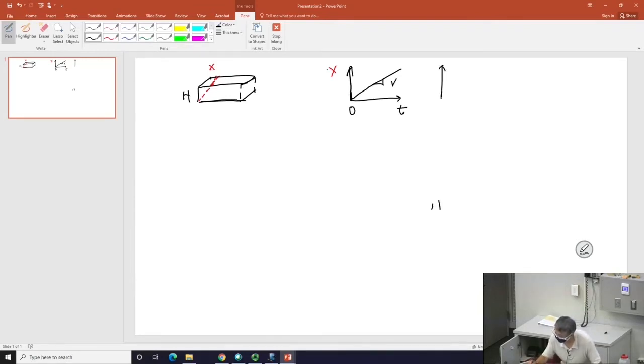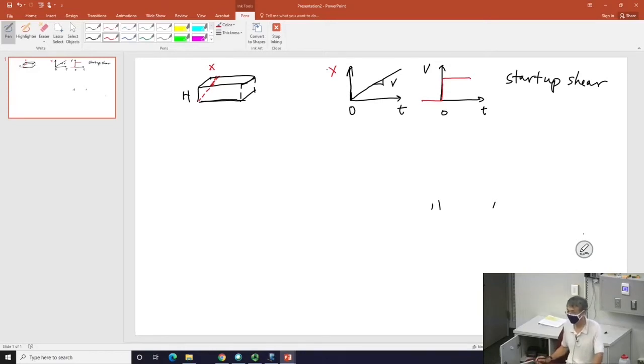That translates to what we call a startup shear. That is to say, your velocity all of a sudden goes from 0 and you jack it up to attain a finite speed.